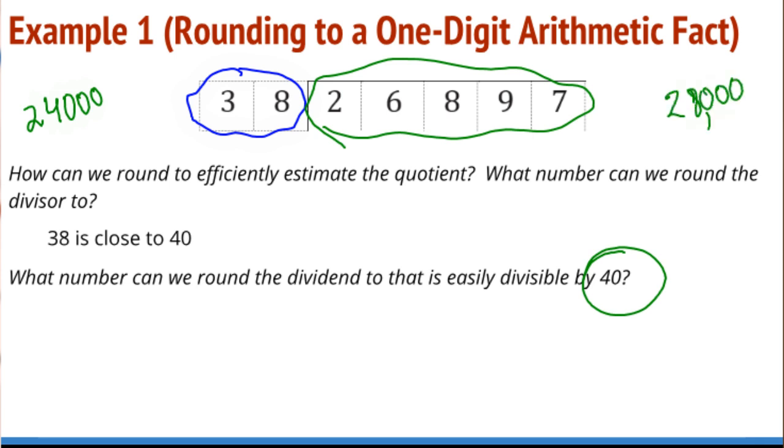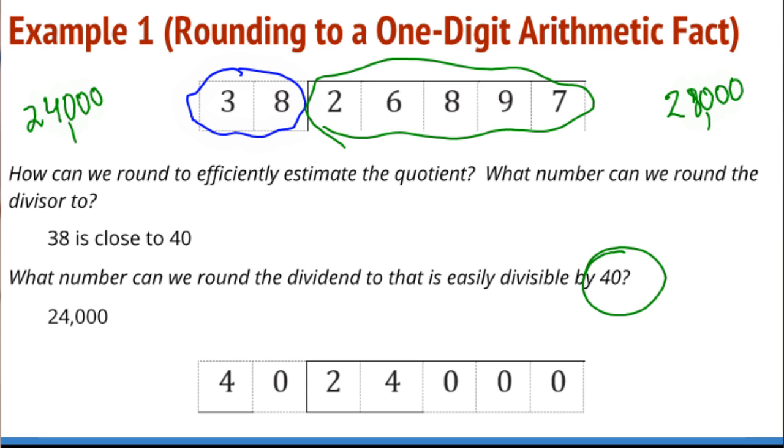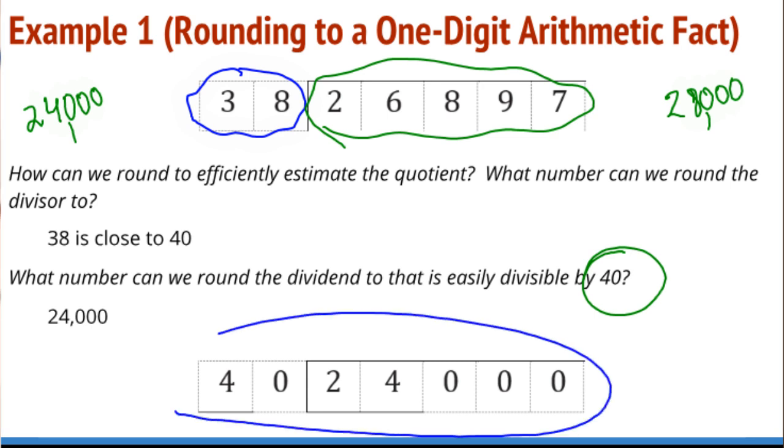It's kind of in between both of those. And for this example, we'll round that to be 24,000. So we'll wind up with an estimated quotient here, 24,000 divided by 40.